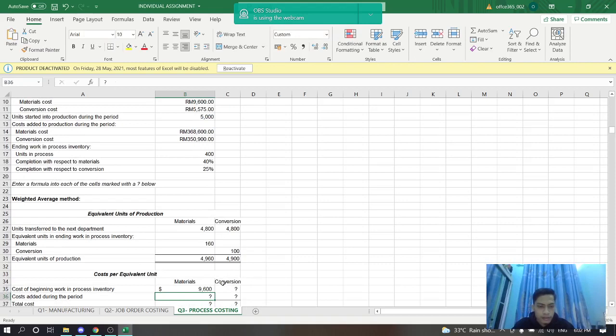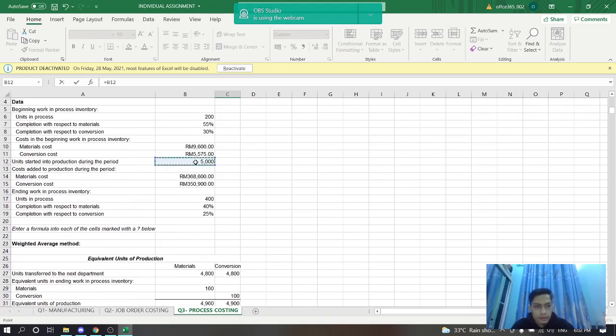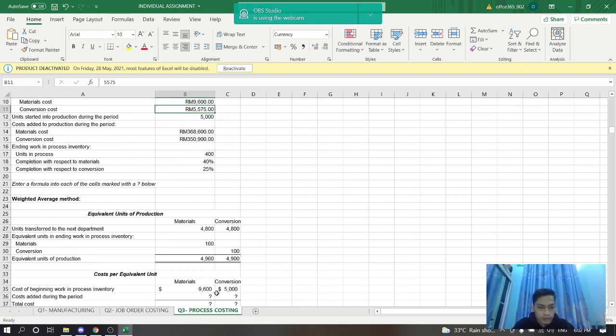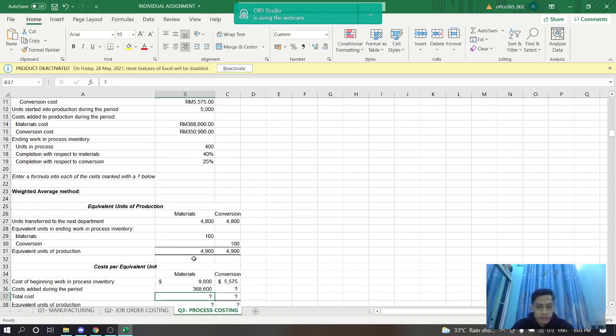Okay, next, cost of beginning work in process inventory, material, conversion. Okay, next, cost added during the period, material cost, and then the conversion cost. Okay, next, the total cost.